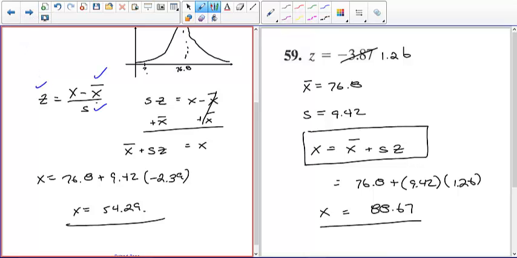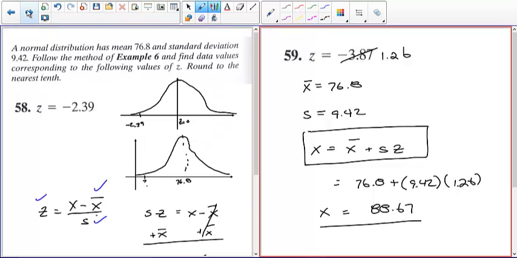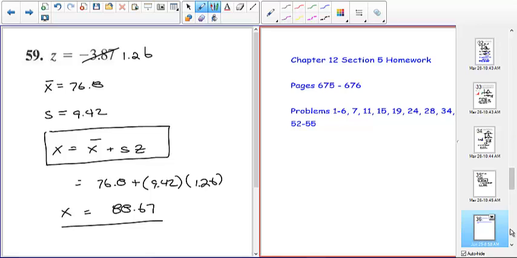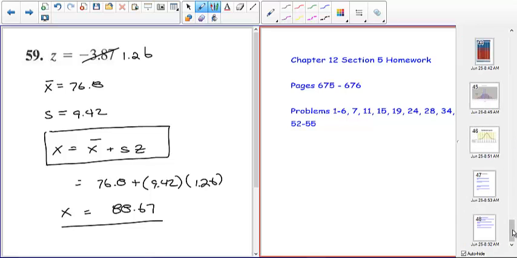Okay, I've got a list of problems that I'm going to choose from, and they're on another page. So that's the homework assignment. Let me find the page with my suggested problems.